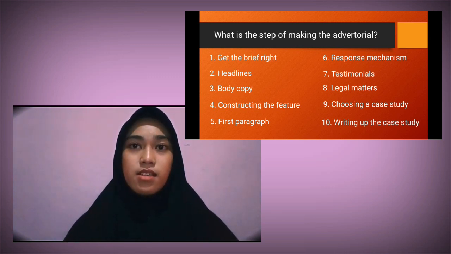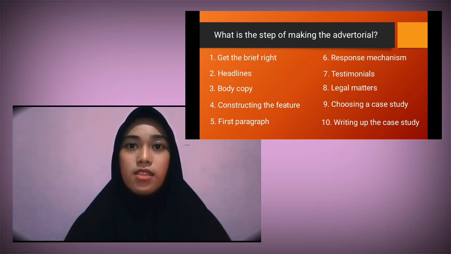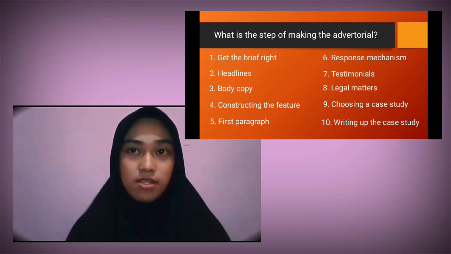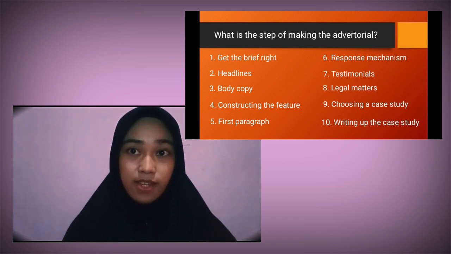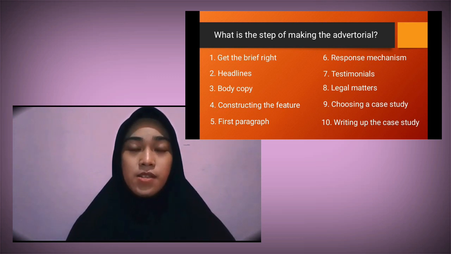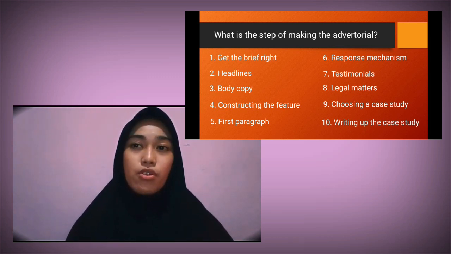The next, it can be our own customer database or so on. The last is writing up the case study. It is the additional information of the case study, such as her or his age or occupation or name and so on.